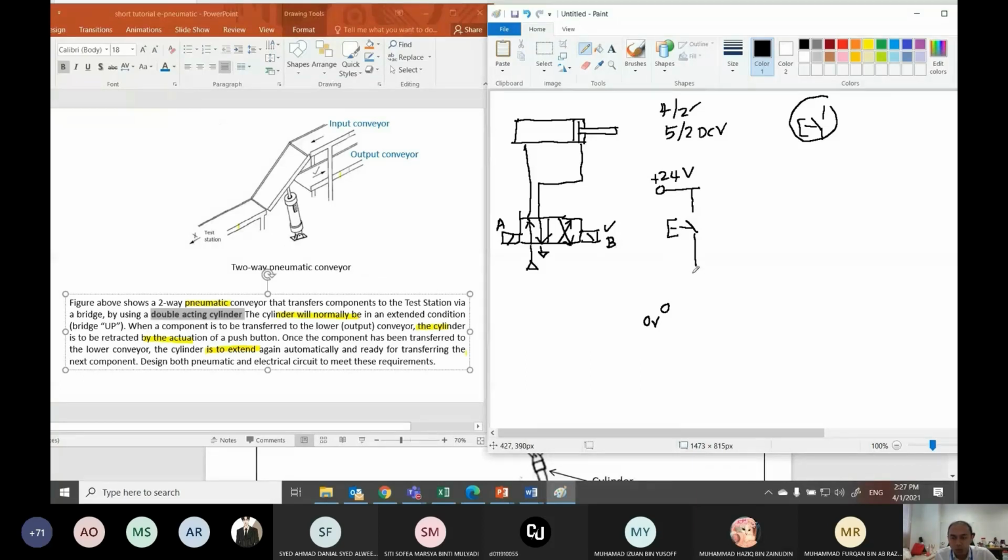So I decided to use indirect control, where I will use this relay coil. I just name this K1, and then just connect to ground lah. So when I have this K1, K1 should have a contact, so this is my contact K1. And this K1, I connect with my solenoid.